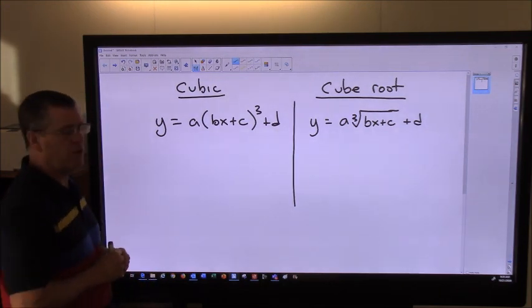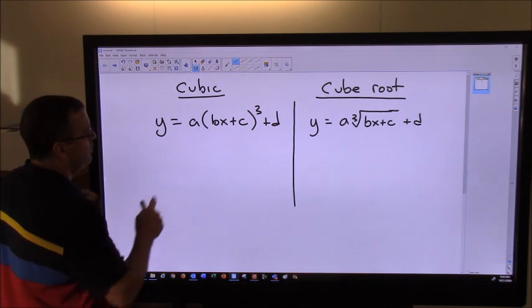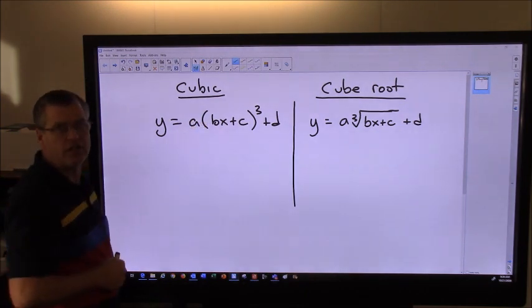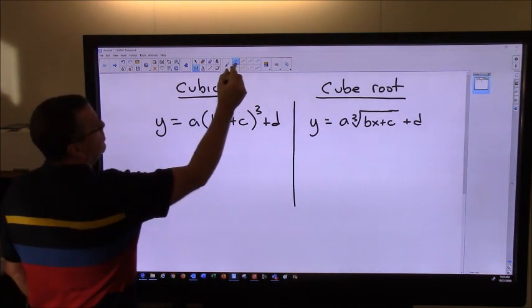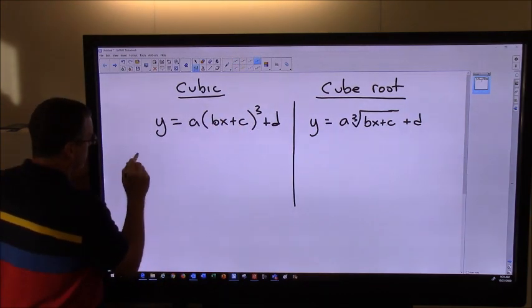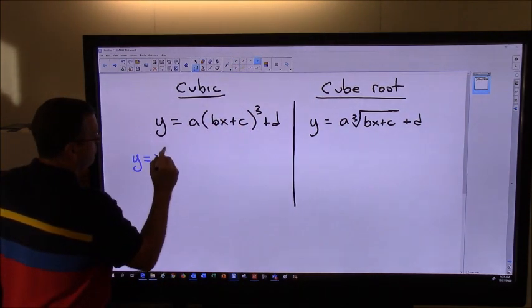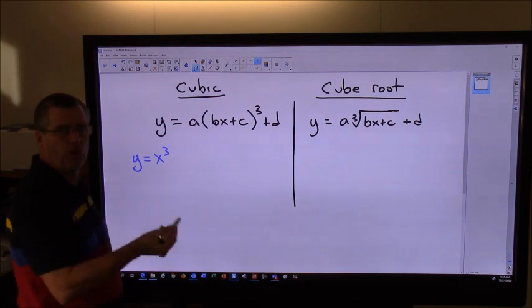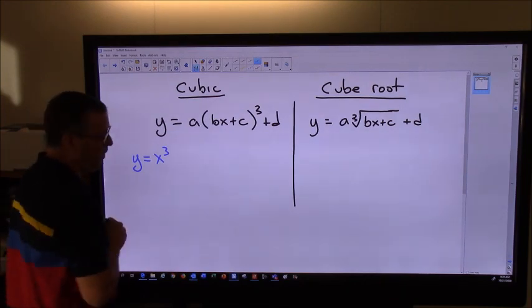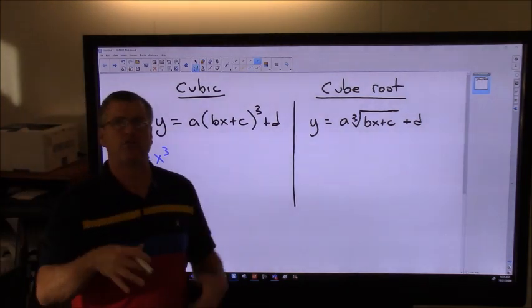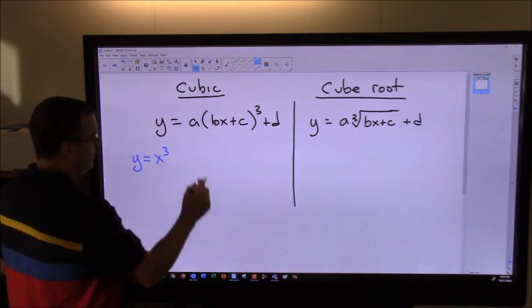So I think the first thing we want to do is figure out, what does the parent function look like for this? If I was to graph the most basic function, y equals x cubed, what would that look like? And I'm not going to make an xy table this time. I'm going to try and make this go a little bit faster.